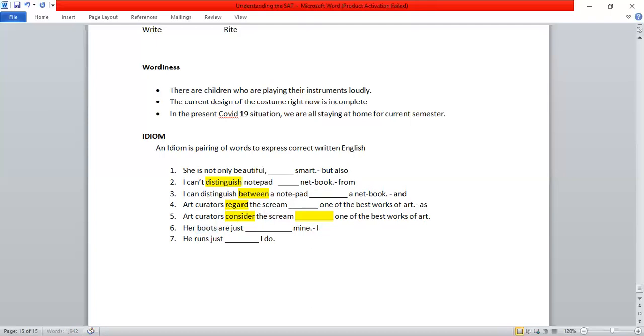So I will be using like, just like mine. But in case I'm talking about runs, she runs, it's a verb. So in this case, just does not go with like, because for any action, verb, clauses kind of comparison, I use as. He runs just as I do.